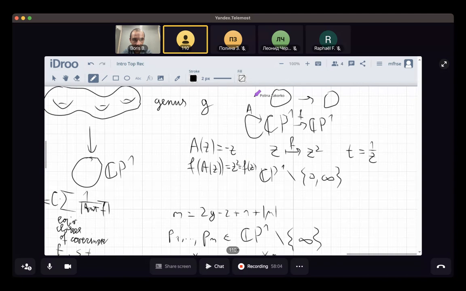We have our automorphism A from sigma to sigma, and the requirement that F of A of Z, if Z is a point in sigma, should be equal to F of Z. Okay? This was our requirement that it is indeed an automorphism.